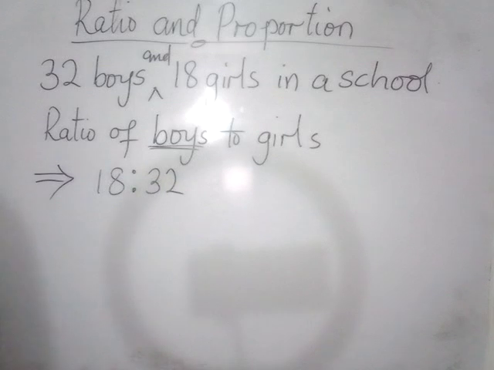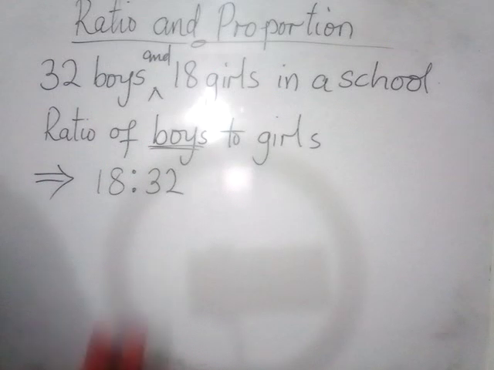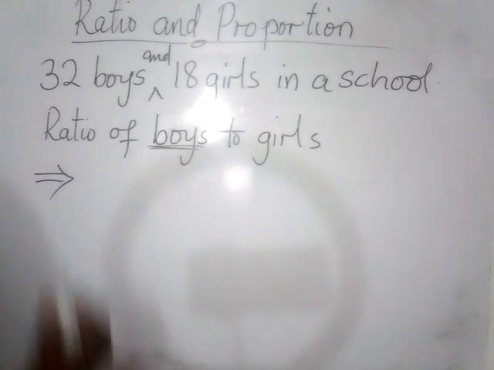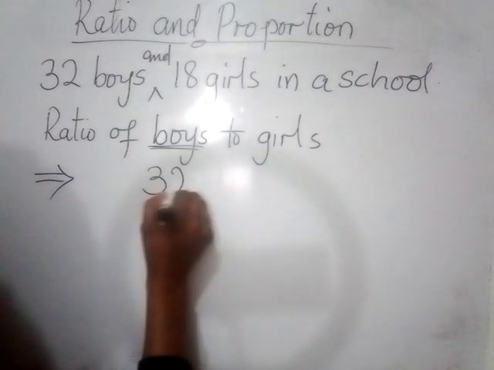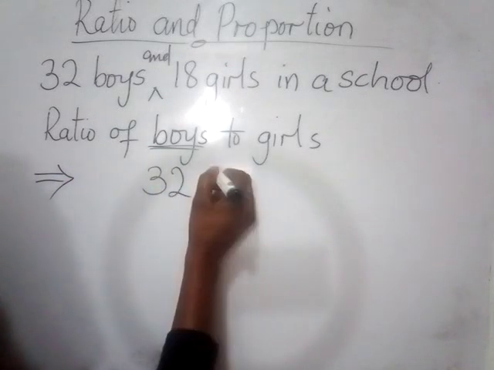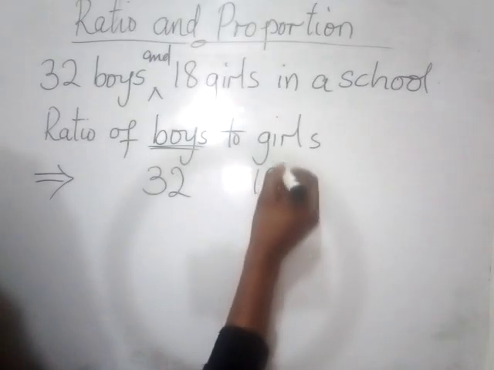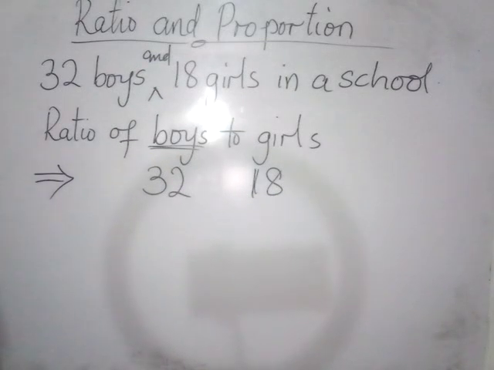No, this is wrong. Boys came first, so the number of boys needs to be written first. Boys is 32 and girls is 18. So you make sure that the number of whatever you are measuring stays in the right position.